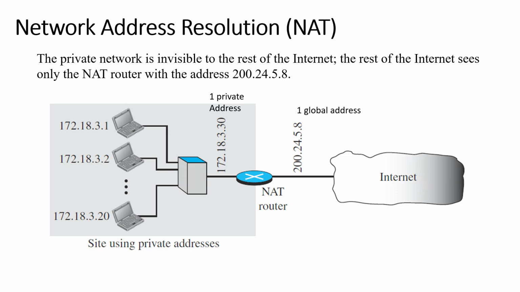Instead of using many private IP addresses, we can assign one address, and we can use the NAT router to connect this private network to the rest of the world, that is the internet. So in this NAT we can have one private address and one global address. For the outside world, this one global address is visible to the internet.